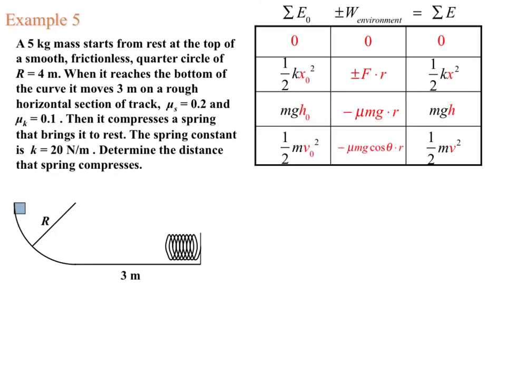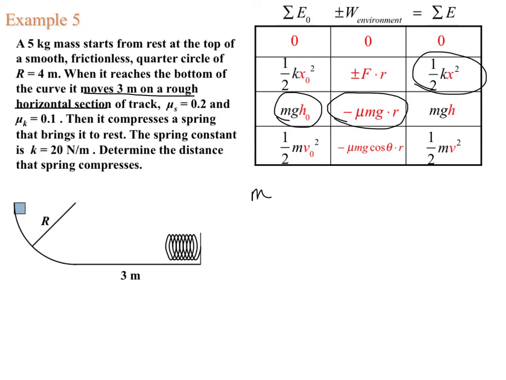Now again, we have a very similar problem. We have a 5 kilogram mass that starts at a certain height, which means we're going to have gravitational potential energy. It moves over a rough track, so we have energy lost due to friction. And then we want to know how much it is going to be compressed onto our spring. So we're going to have spring potential energy at the very end.